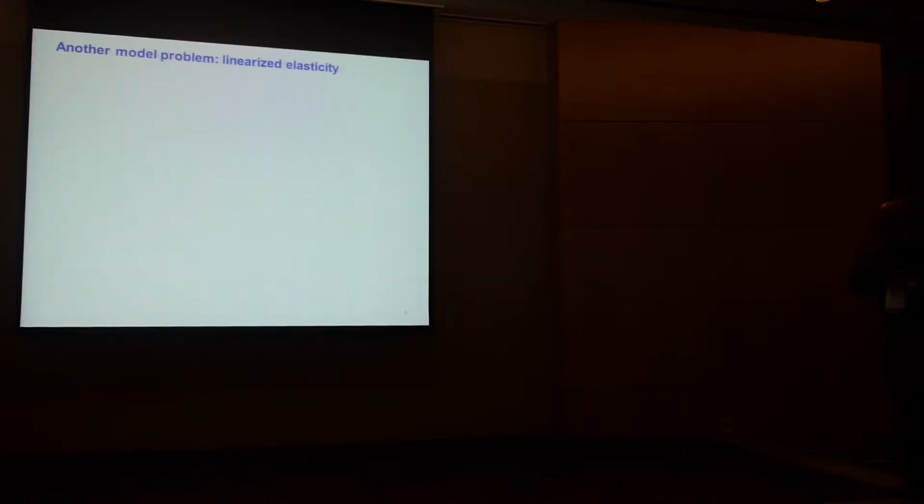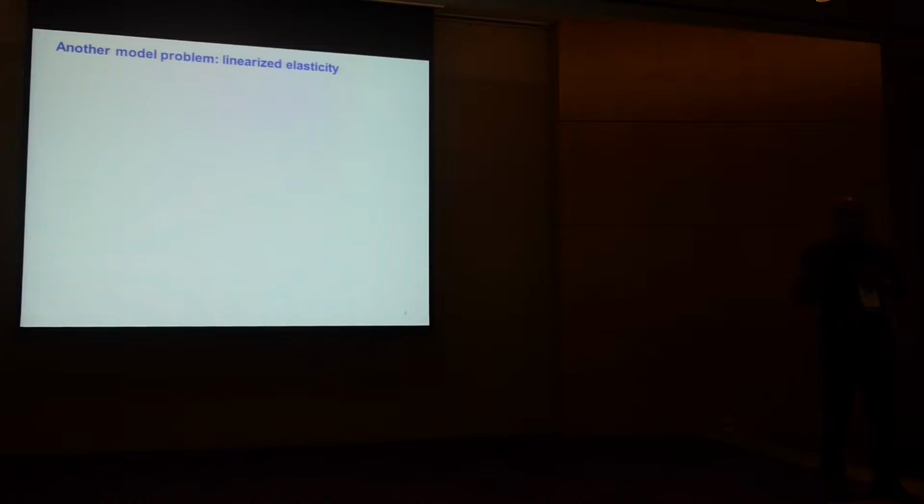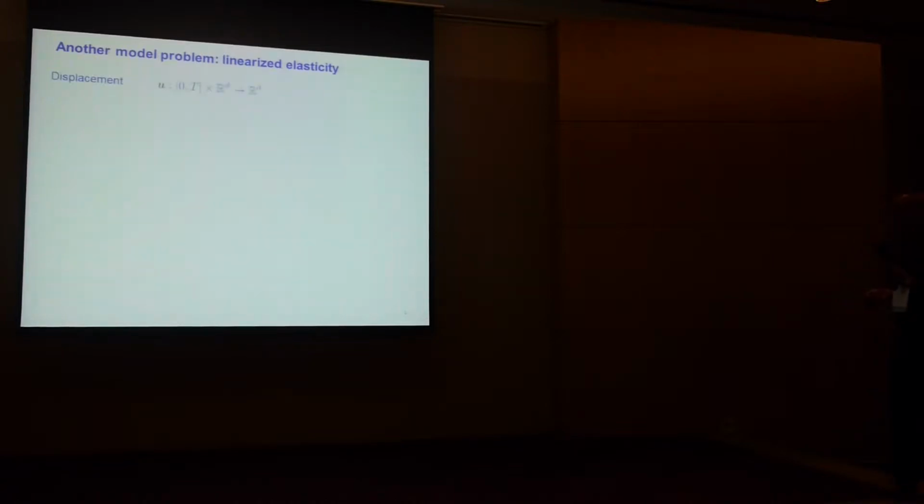So let me go now to a problem in elasticity, linearized elasticity to be precise, where I'll go through a similar series of steps. The first difference is that now I have a vector-valued variable, which is the displacement. The displacement measures the motion or the movement of a point to a deformed position under some action of loads and the like.